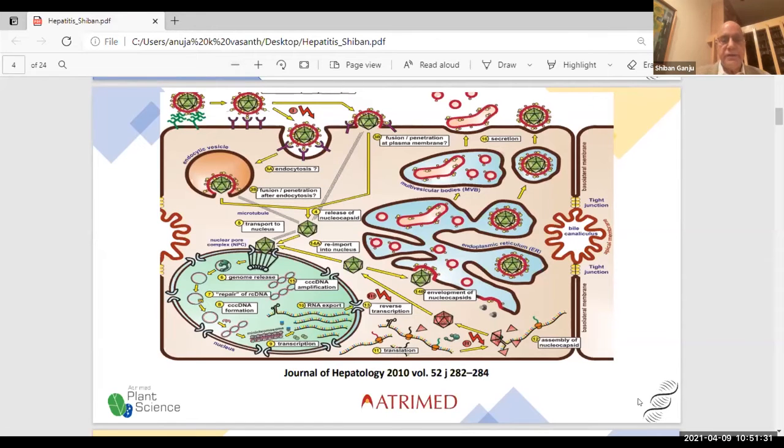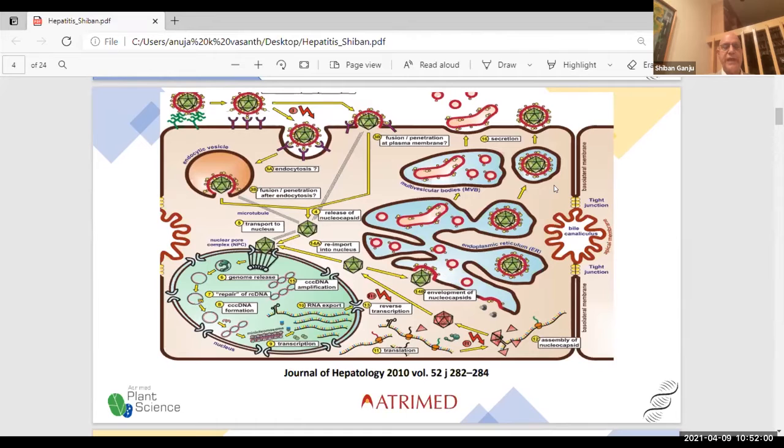This DNA is then transcribed, and the transcribed DNA moves out of the nucleus, where further replication of viruses happen, and this virus then acquires a capsid in the endoplasmic reticulum, and then is excreted out of the hepatocyte again, only to enter new cells.